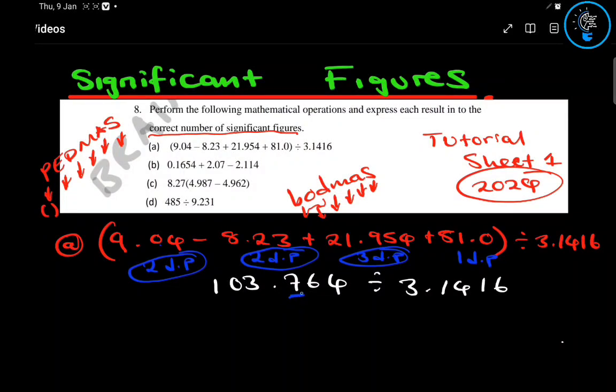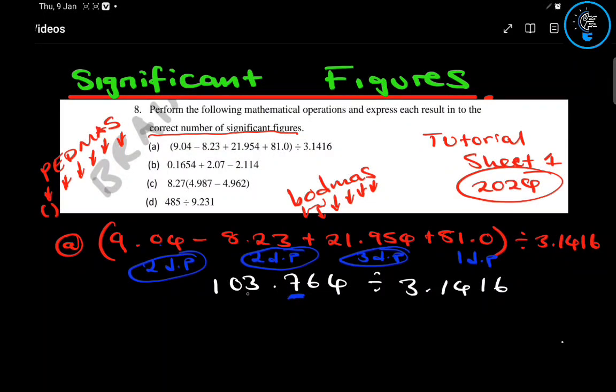But I won't round it off to this value. The reason is that accuracy when dealing with questions of this kind is very, very important. But I'll just put in my mind that this number ends there. So I'll put a small bar at the bottom to remind me that this number ends there.